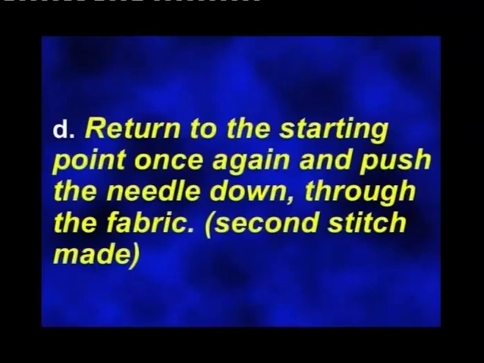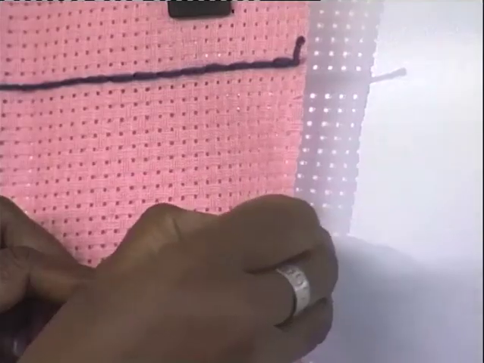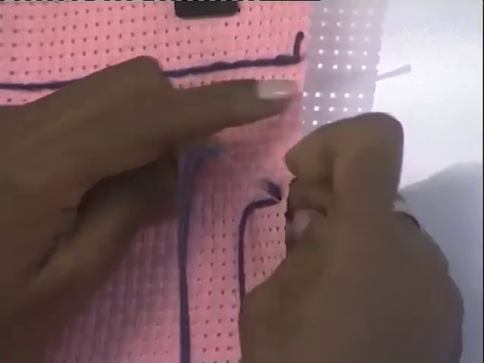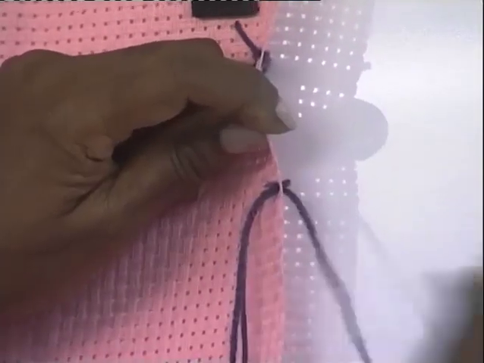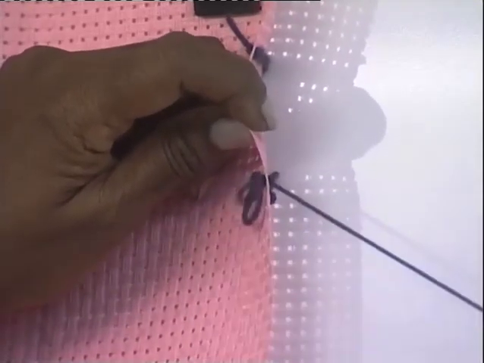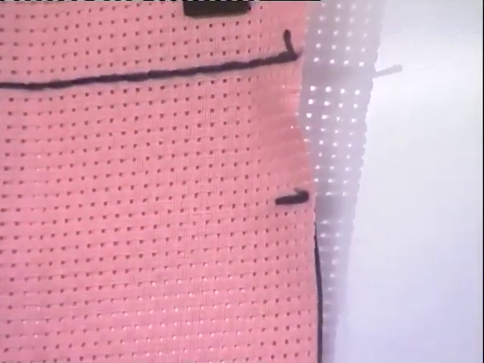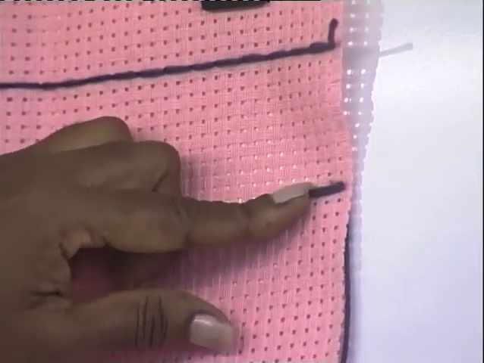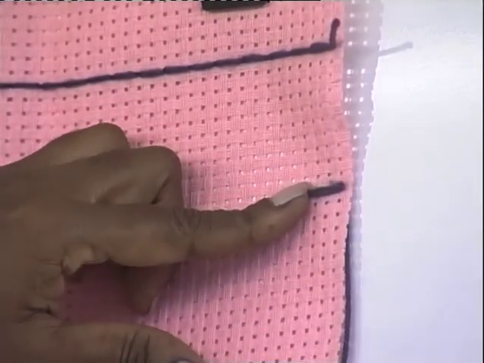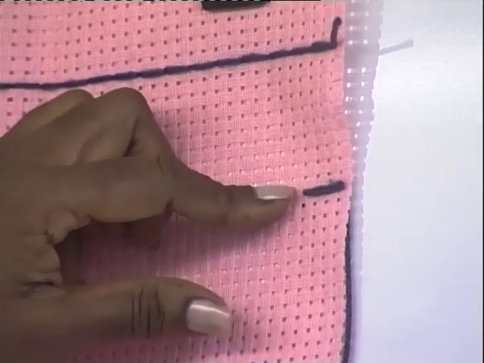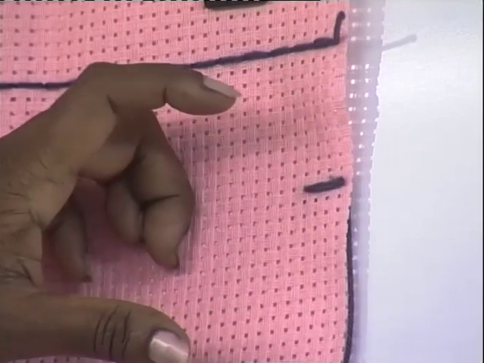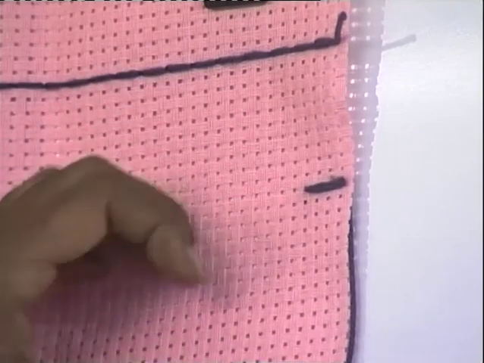Second stitch made. Now second stitch made, and that is our double stitch made. The first step in making the backstitch is the double stitch. What I've just shown you is making the double stitch.